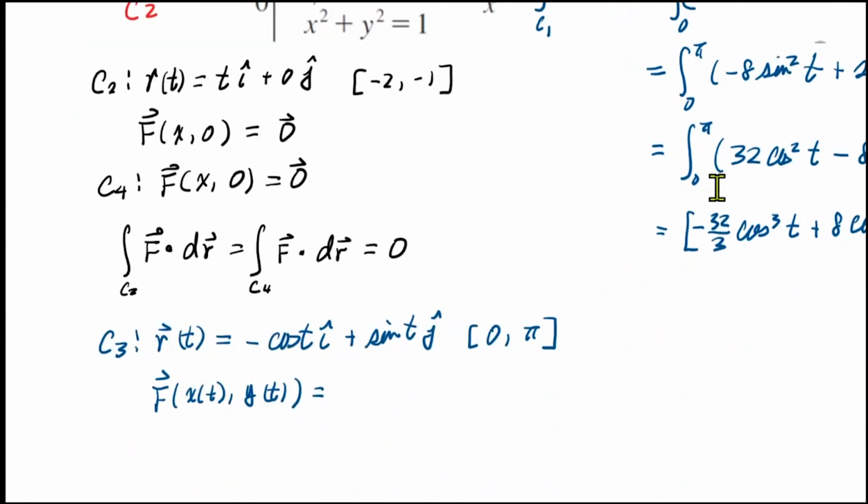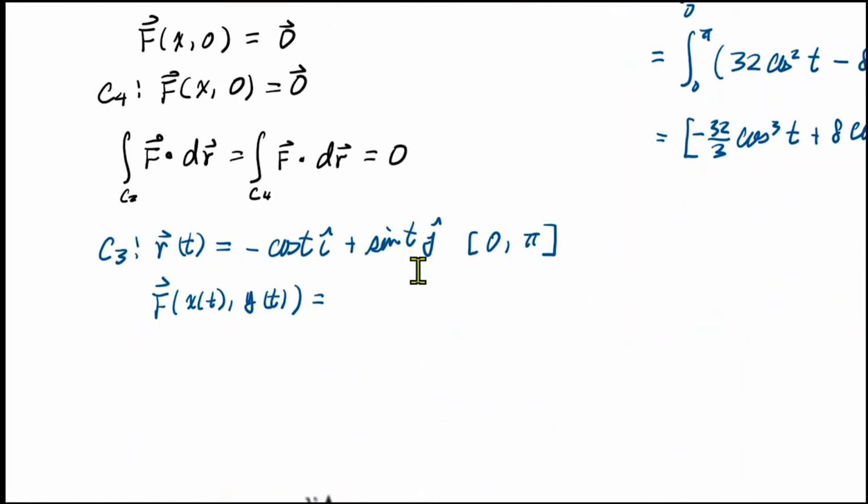So y squared, this thing squared, gives us sine squared t i vector, plus 3xy, which is 3 times this times that. So this changes back to minus 3 cosine t sine t. Are we good?